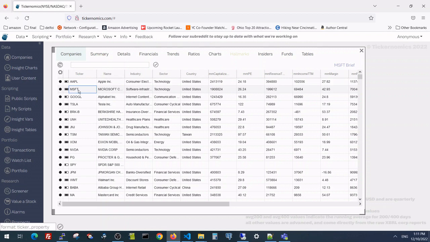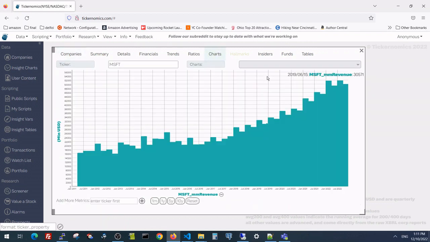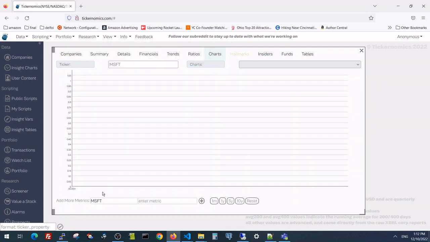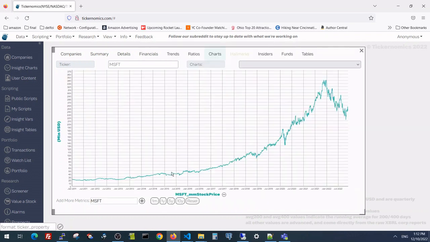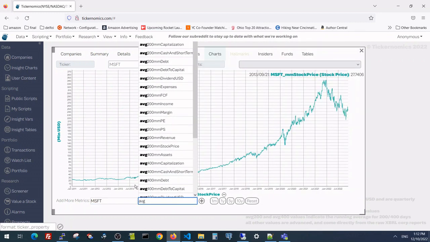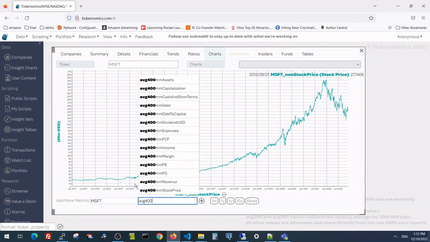So, for example, if you look at Microsoft and go to charts, let's remove that. Let's add Microsoft stock price. So this is just the stock price chart. And let's also add the 400-day average stock price.